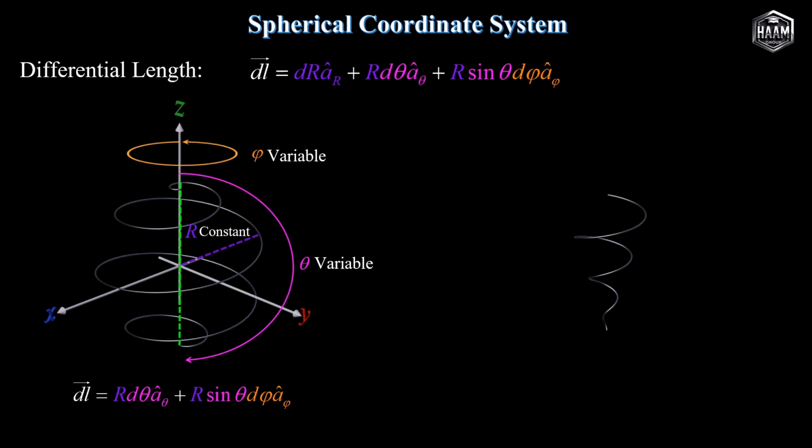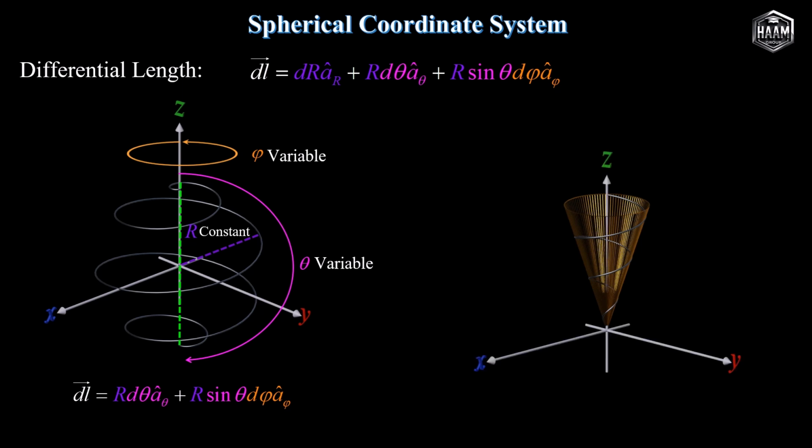Now consider this shape. This too is a very thin wire but wound in the manner you see here, as though wound around a cone. So the points on this particular path are in fact points that make a fixed angle with the z-axis.